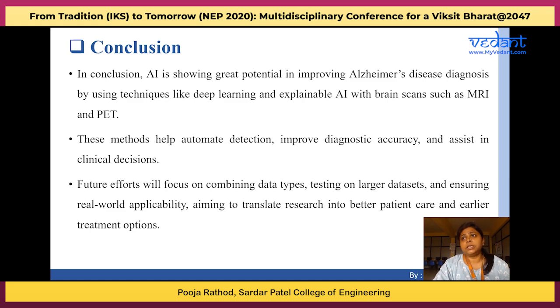And after studying all the literature, I can conclude that AI is showing great potential in improving Alzheimer's disease diagnosis by using techniques like deep learning and explainable AI with brain scans such as MRI and PET. These methods help automatic detection, improve diagnostic accuracy, and assist in clinical decisions.